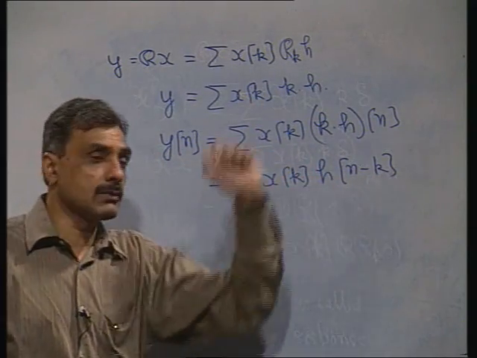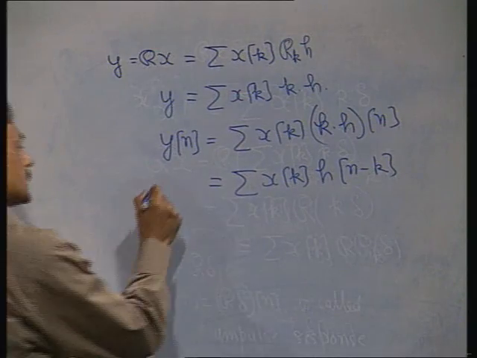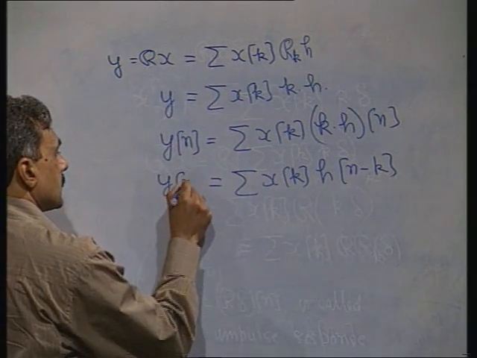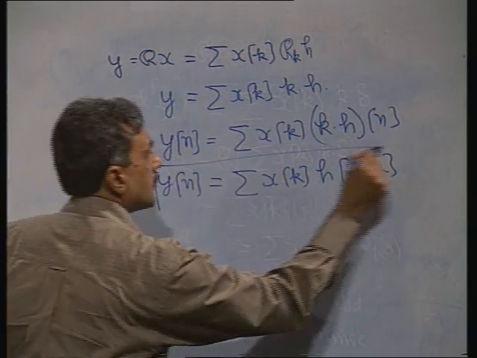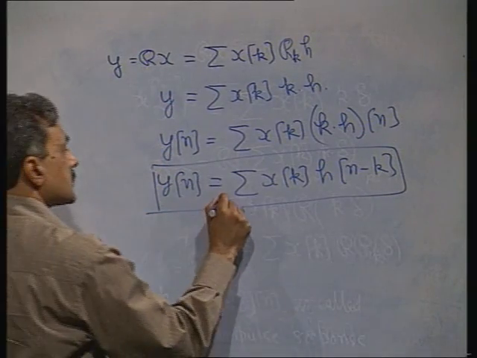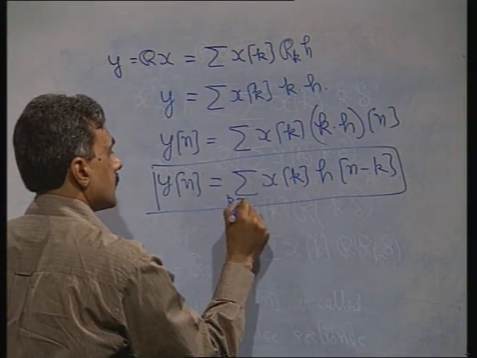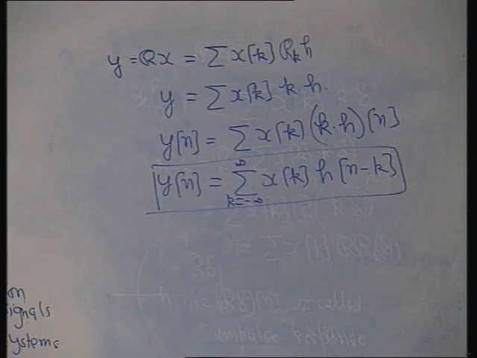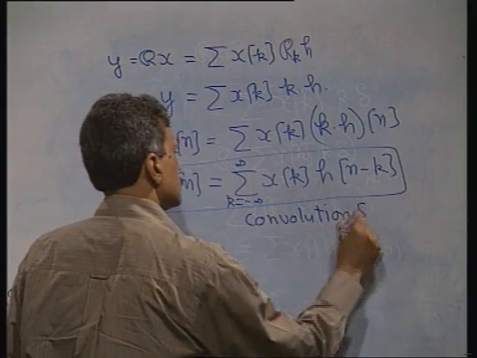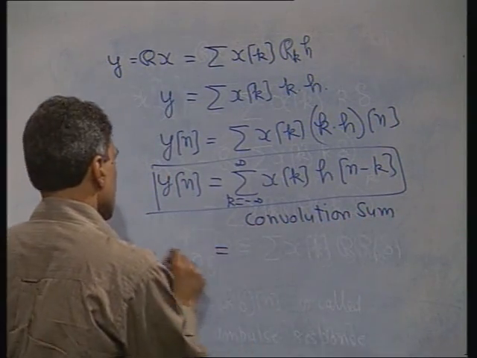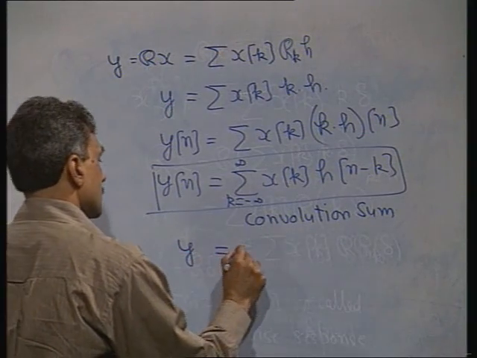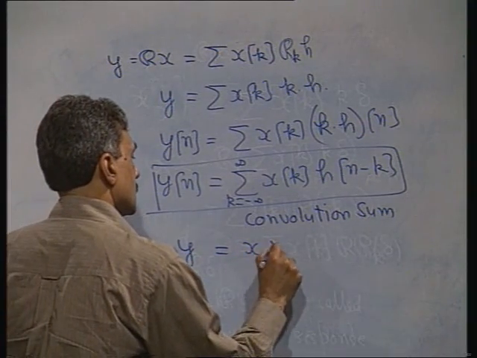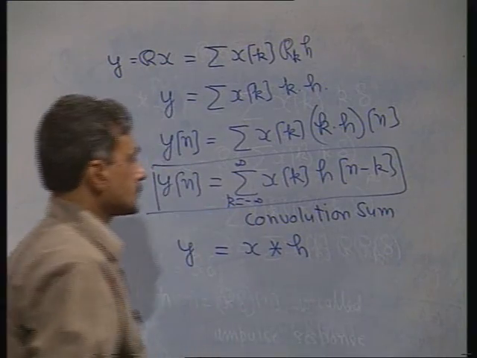So it is h delayed by an amount k, and this is a very important equation that we get in the context of LTI systems. This sum is known as the convolution sum, okay, and generally you write that y is equal to x convolved with h.